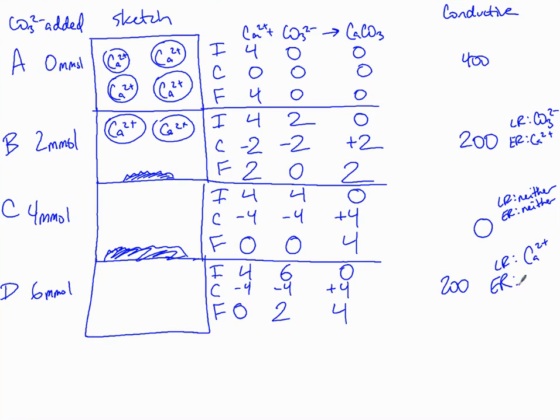Excess, we have carbonate left over. And then a picture. We have a lot of calcium carbonate on the bottom, and 2 millimoles of carbonate left over. Looks like a face.